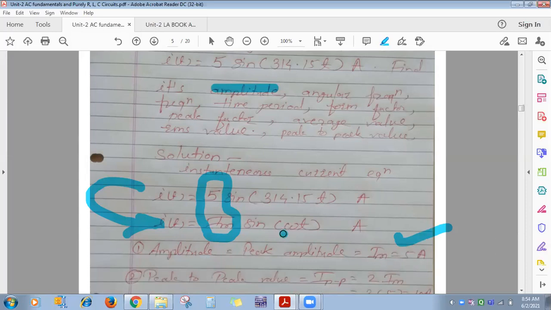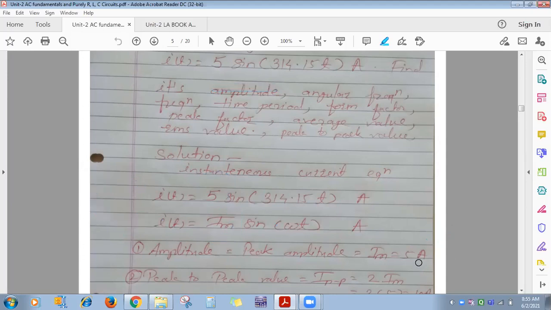What will be the angular frequency? Omega is 314.15. What is the unit? Radian per second. Comparing only, we got the values.